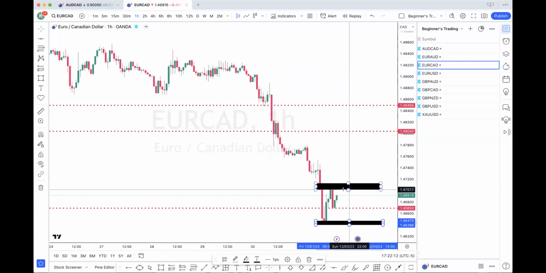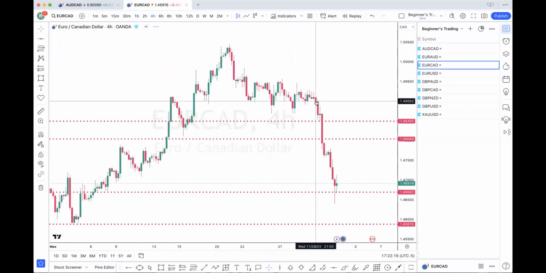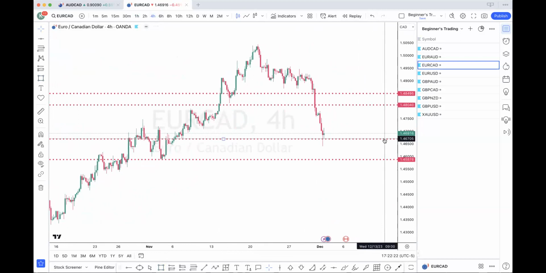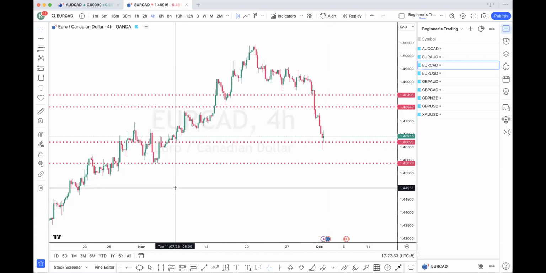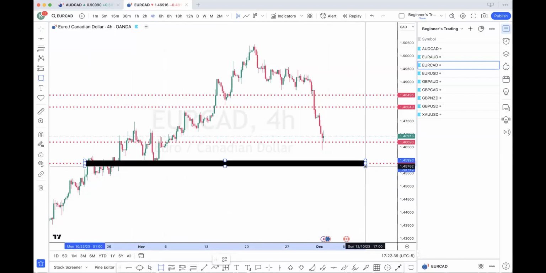So if I'm marking up my chart for the day, I'm going to my 4-hour, and then I'm looking for my high and my low. Okay. Or I'm looking for my key levels, and I just mark up my zone.